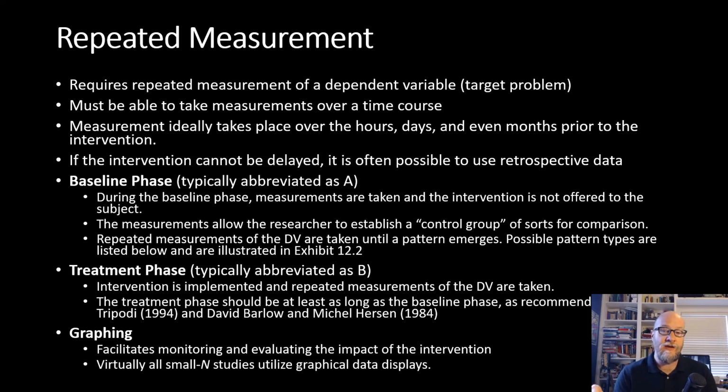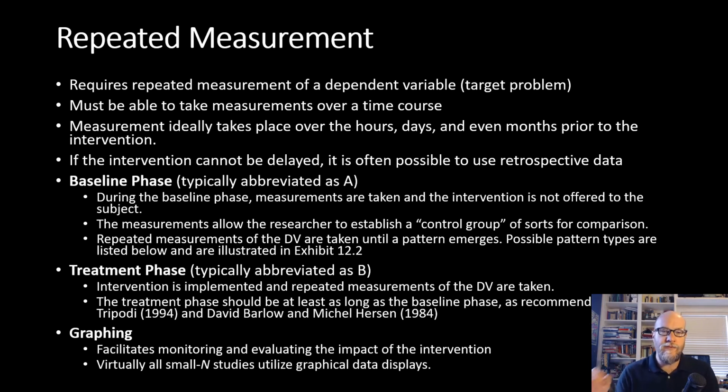In an inpatient setting, if there's any type of behavior like this, you have to document it within your notes, sometimes in a separate freestanding note. So that information is there. What you sometimes see if the intervention needs to happen right away is they will go back and retrospectively get some baseline measurement because they have that data available through the chart.